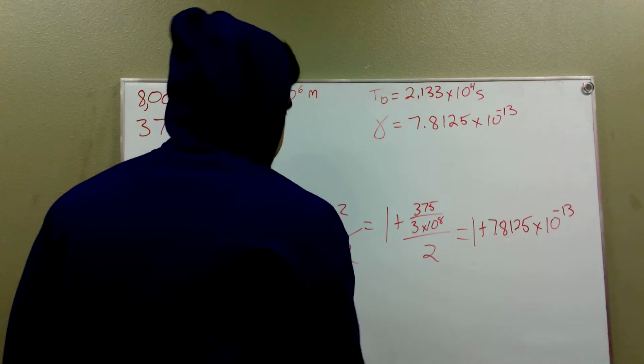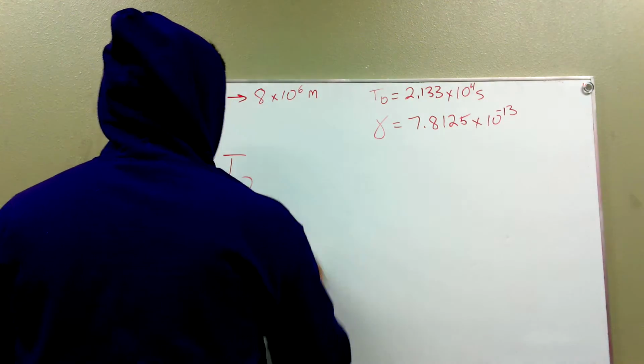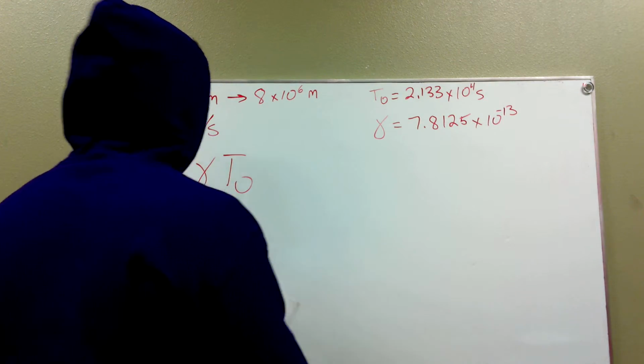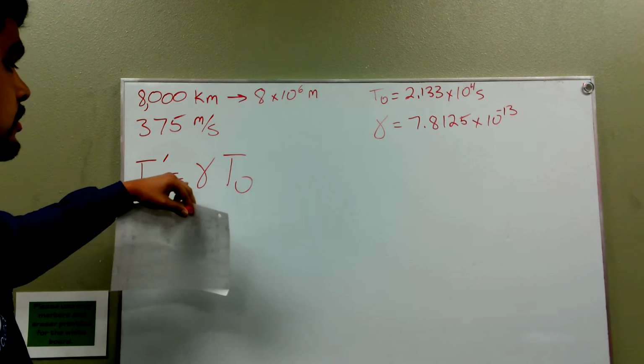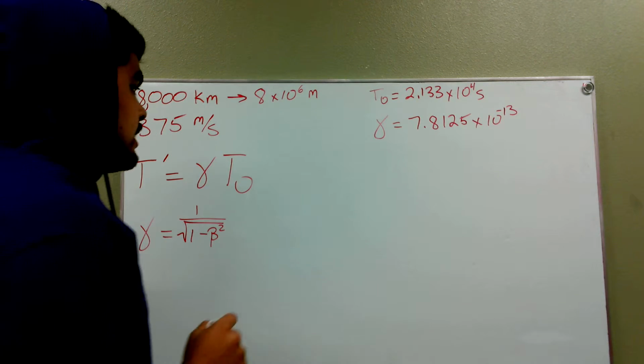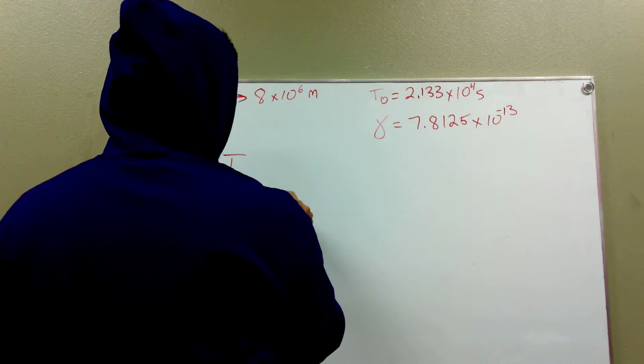So now that I have gamma and I have my T naught, I can now start working towards finding my T prime. So here we have the equation again. We have T prime, which is equal to gamma times T naught. So we have T naught up top here. We have gamma. So all we need is our T prime.